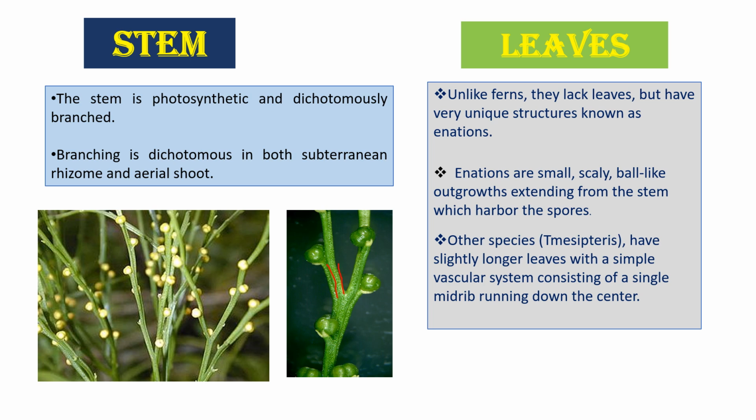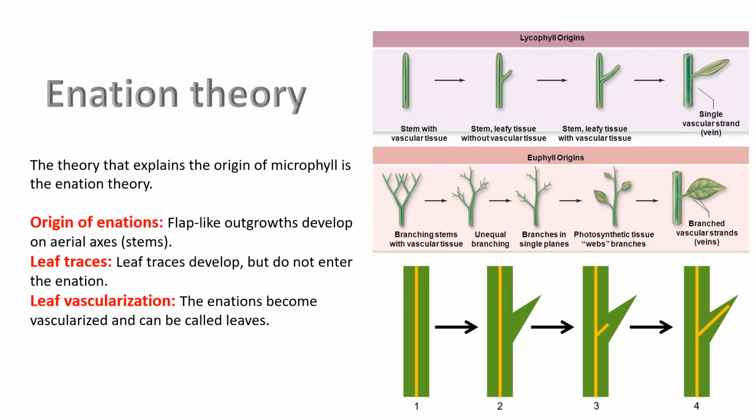In case of leaf, there is no true leaf here. Instead, there is an enation forming the scaly leaf. The enation is a structure that tells how the leaf actually develops in higher organisms. Here the scaly leaf is formed like a stem with a little branch without any leaf trace.